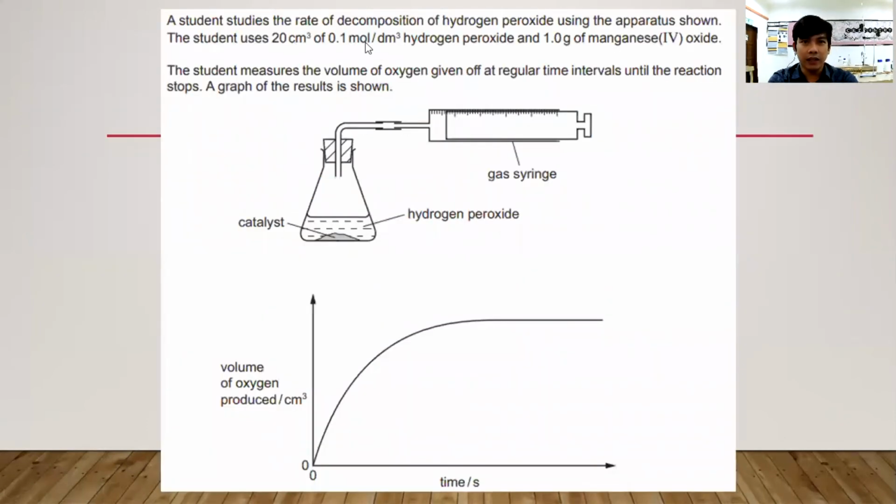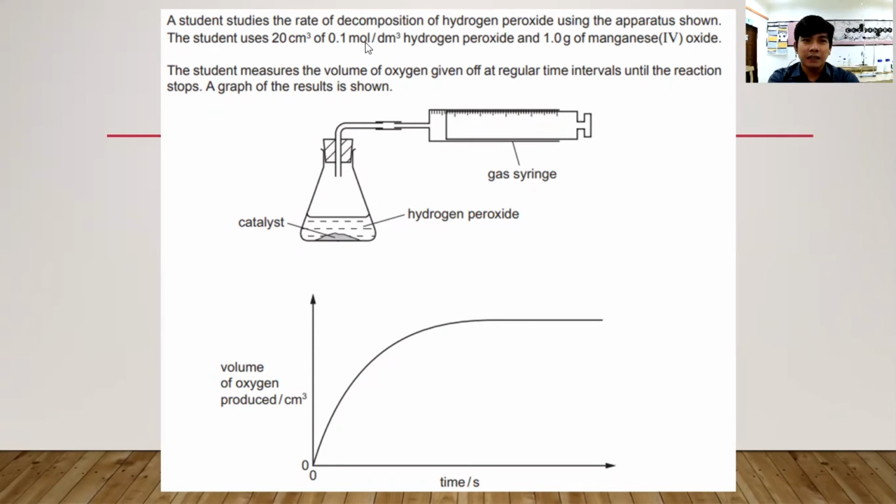So here is the graph. A student studies the rate of decomposition of hydrogen peroxide using the apparatus shown. The student uses 20 cm cube of 0.1 mole per dm cube of hydrogen peroxide and 1.0 gram of manganese dioxide.